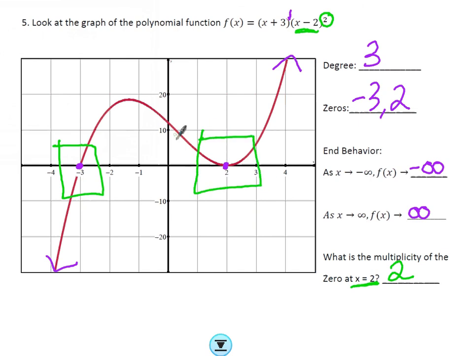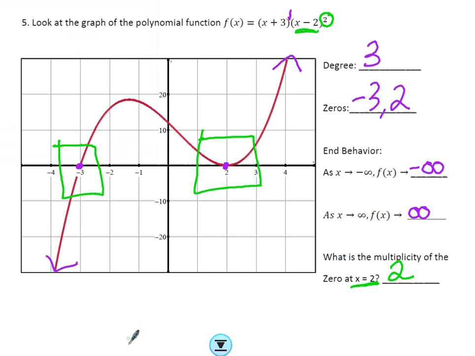It sort of turns around. It sort of bounces back, if you will. So it doesn't go through, it just touches the x-intercept and goes back. And those are the two you sort of need to know for the purposes of this class: when the multiplicity is 1 for that 0, it goes straight through. When the multiplicity is 2, you have sort of this bounce. It sort of touches and then goes back.